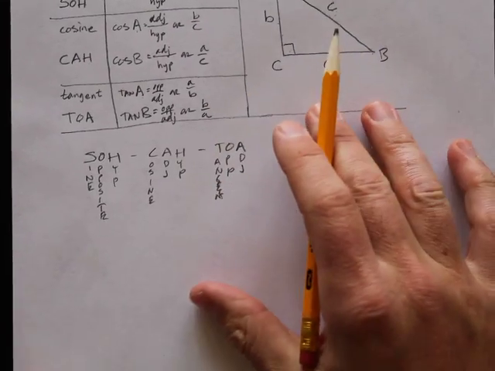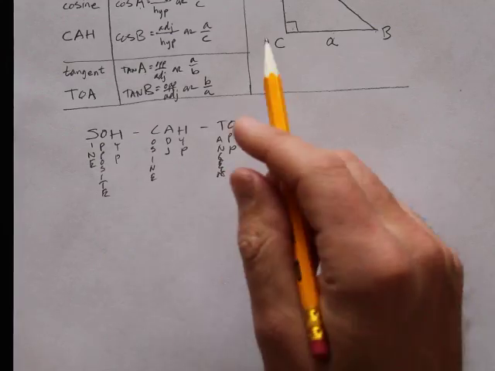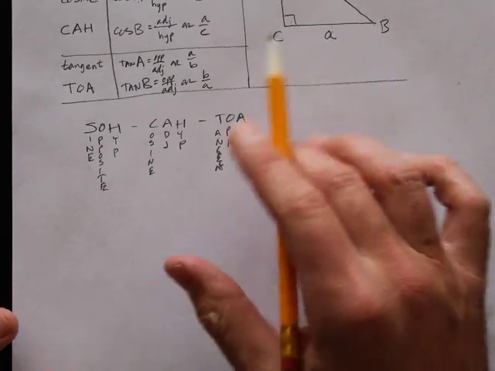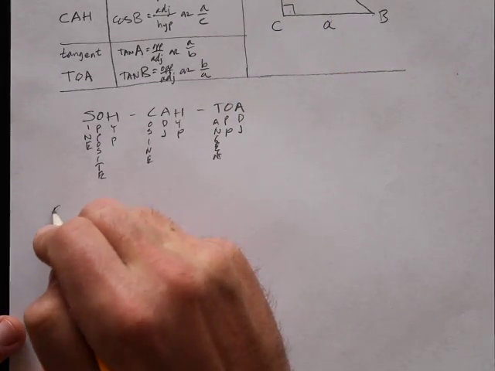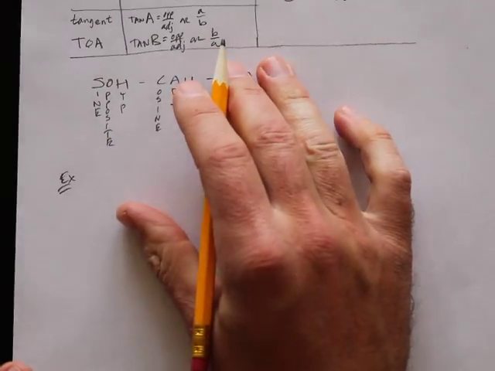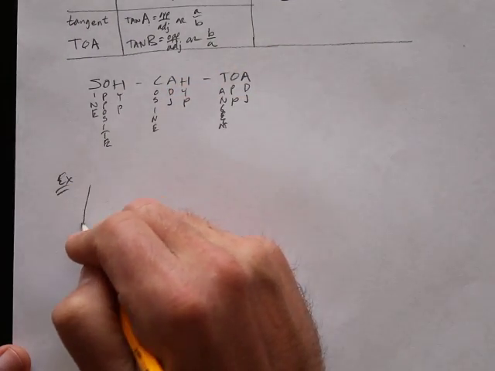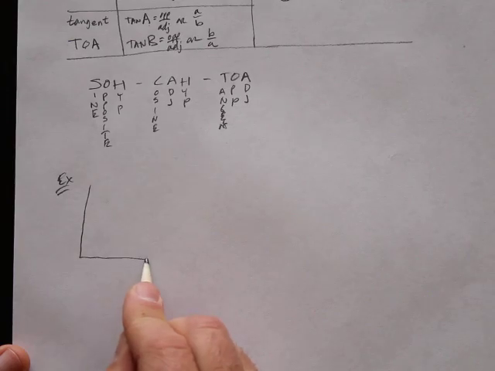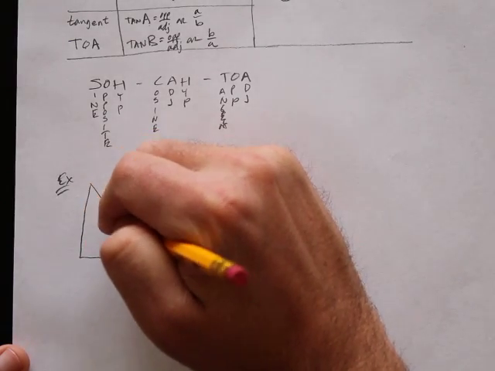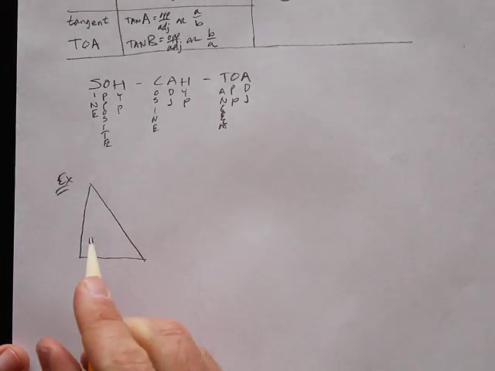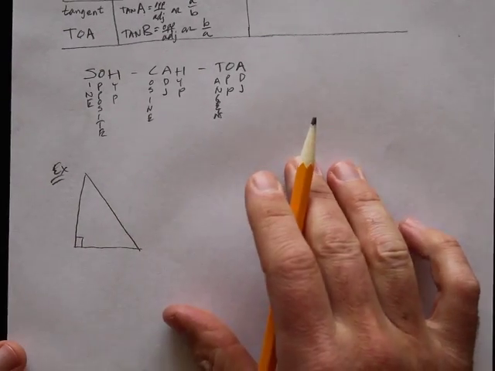Okay, so we're looking at this stuff now. Let's see if we can do this with some numbers instead of just letters and see if this can come together a little bit. So I have a right triangle. This only works with right triangles for now.